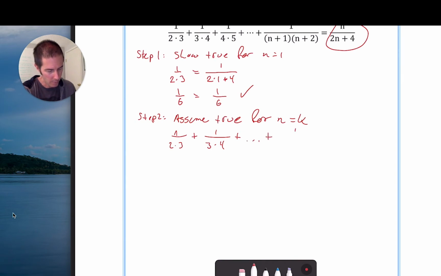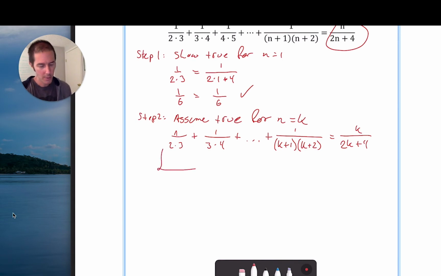Plus 1 over k plus 1 times k plus 2 is supposedly equal to k over 2 times k plus 4. That's what the kth statement looks like. By the way, how many terms are there on the left-hand side of that statement? Please say k. K, that's correct.